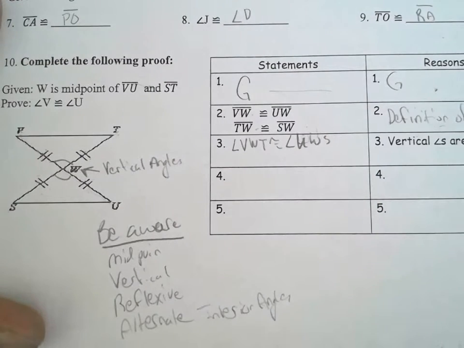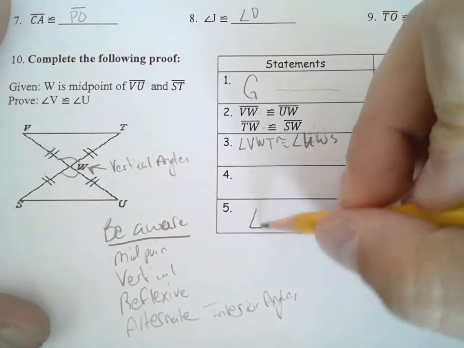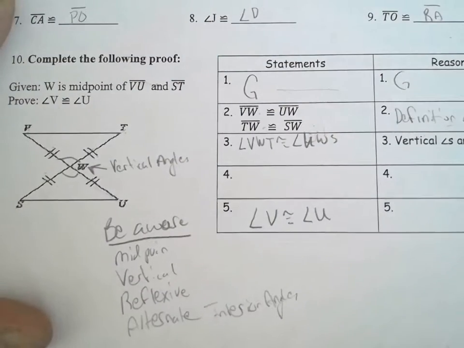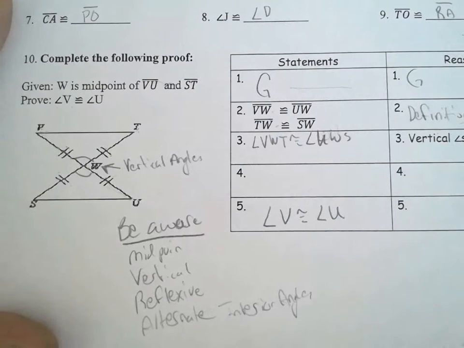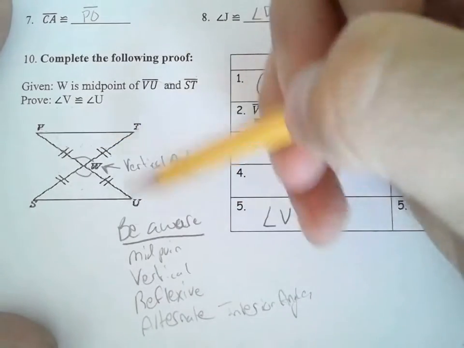Oh, and by the way, what you're trying to prove comes last. And this time it's a piece of something. So we can't just automatically say, oh, V and U, that's the same. We have to say that these two triangles are congruent first before we can say every little piece is congruent.